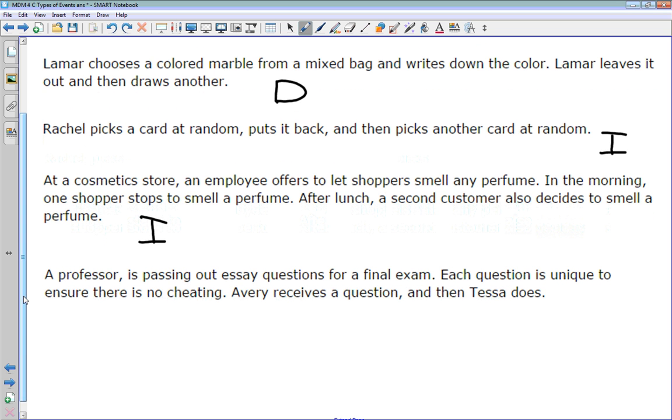Okay, and the trickiest one, I think: a professor is passing out essay questions for a final exam. Each question is unique to ensure that there is no cheating. Avery receives a question, and then Tessa does. Are these two events, Avery's question and then Tessa's question, independent or dependent? What do we think? Lana, why is that?